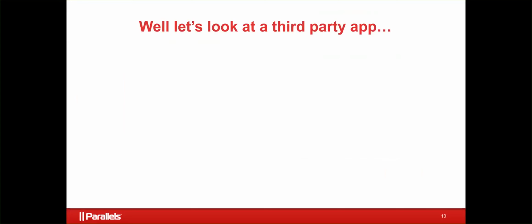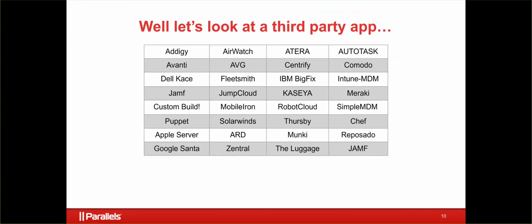So let's talk about the second option, right? The second option is, well, you bring in a third-party app. Well, which one? Where do you start? How do you choose which third-party app you're going to bring in? Now, if you have a 90% or an 80% Mac environment and only 20% of your devices are Windows, this is a pretty good option.